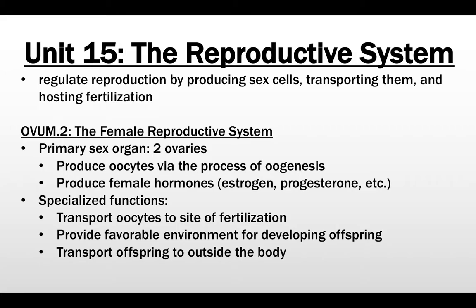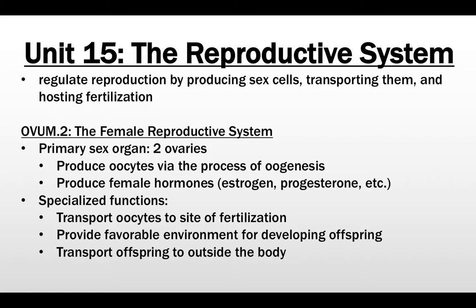That would be the process of creating those eggs, and also there's some side products. The other role of the ovaries is to produce female sex hormones. So we have estrogen, we have progesterone, there are some other ones including luteinizing hormone and follicle stimulating hormone. There are a lot to mention, and those are controlled via the ovaries as well.